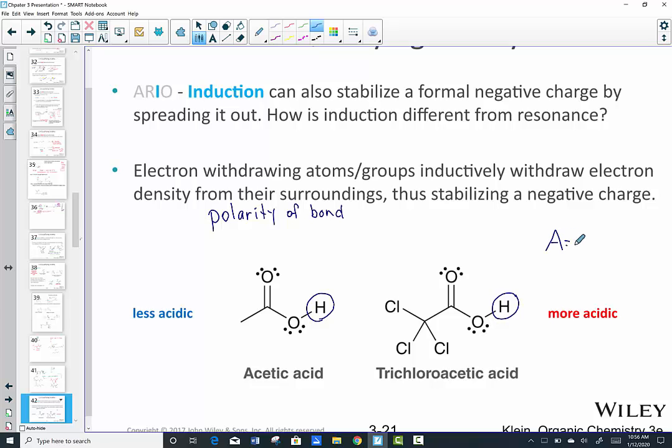Because both oxygens are adjacent to the pi bond in the exact same position. So this means that there is no difference. They're the same. So the R cannot be used to determine the acidity. It's the same for both structures. The A, atom, cannot be used to determine more acidity because it's the same for both structures.